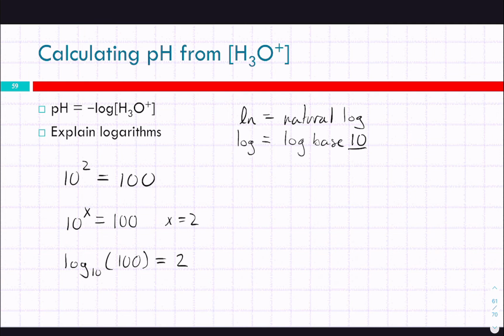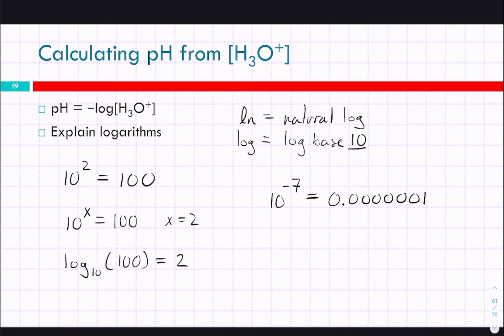So when we're using this for pH, we're working with relatively small concentrations. We're working with small numbers. So if this is 10 to the negative 7, that's going to equal 0.0000001, because that's 1 times 10 to the negative 7.